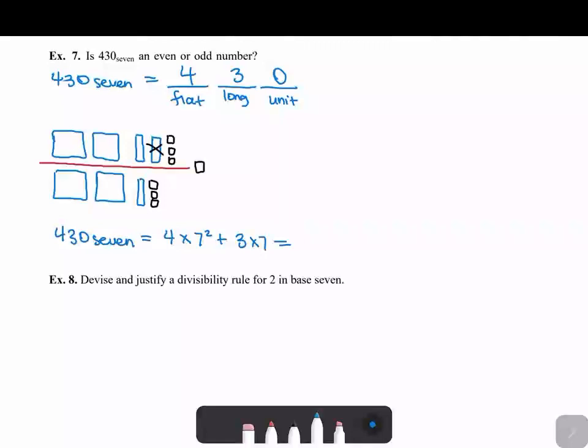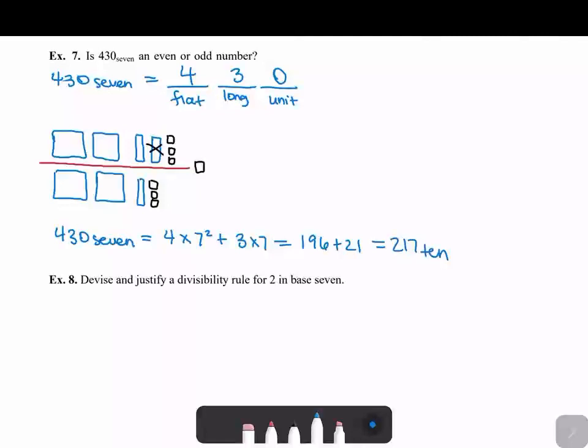No. 4 times 49 should be 196. Yeah, 196 plus 21 is 217. So this is actually 217 base 10. And when we look at it in base 10, it's really easy to see, yeah, this is odd.